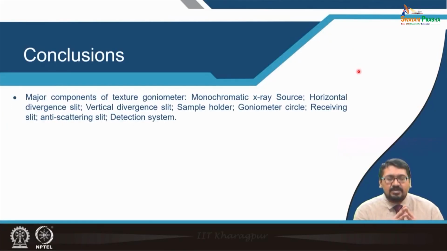So, we can conclude here that the major components of the texture goniometer that we studied today are the monochromatic X-ray source, horizontal divergence slit, vertical divergence slit, sample holder, goniometer circle, Eulerian cradle, receiving slit, anti-scattering slit and the detection system.